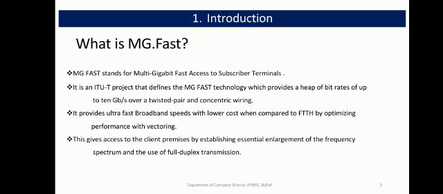GFAST referred to gigabits of data that were transferred to the users. The ITU-T team has brought this MGFAST technology, which stands for multi-gigabit fast access to the subscriber terminals.